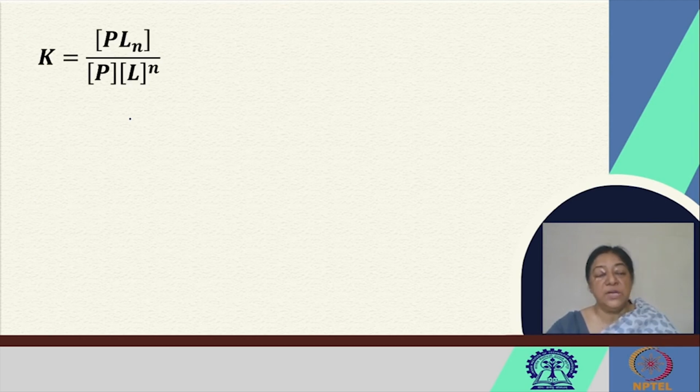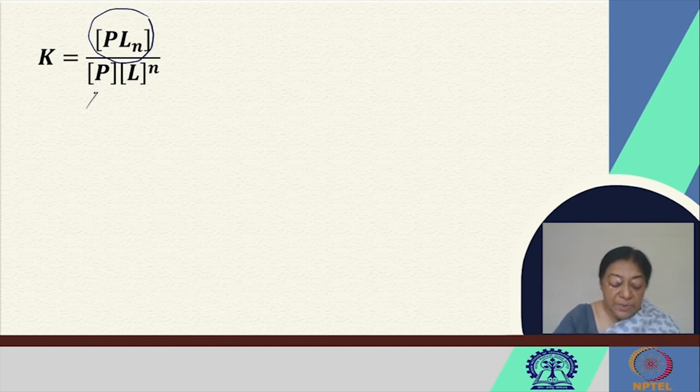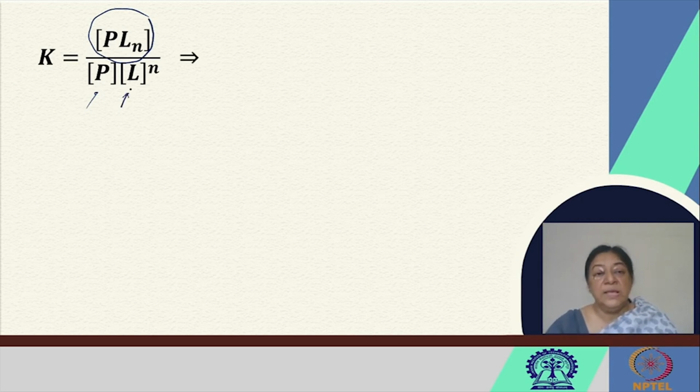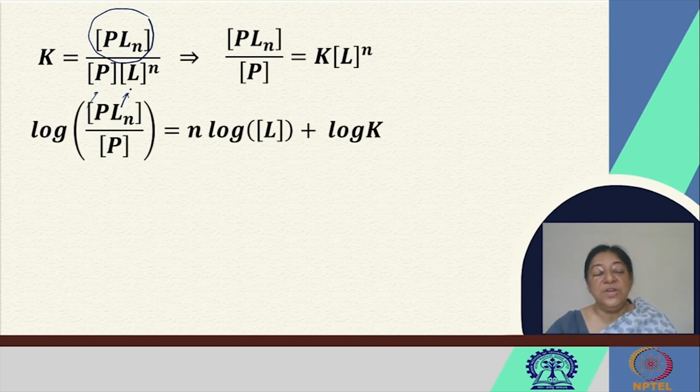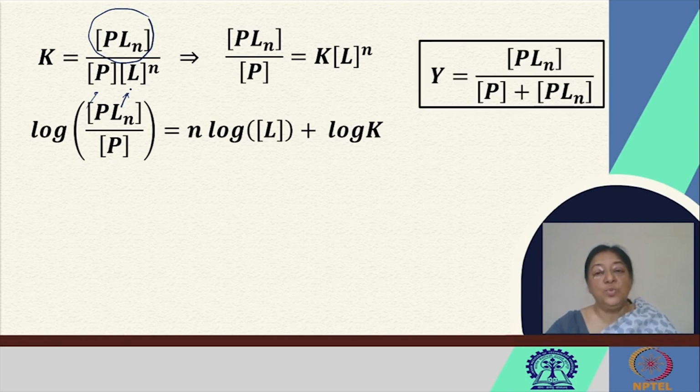This is our association constant, where by the law of mass action we have P and L raised to n as the two reactants. Then we can look at a rearrangement of this equation, and what we get is a fraction bound. This is the amount of bound ligand, and this is the amount of protein that we have.